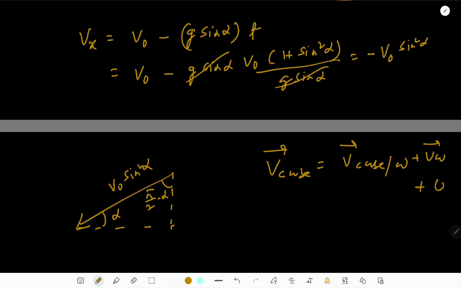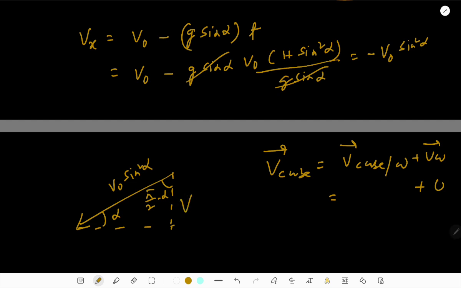Then the velocity of wedge is 0, and the velocity of cube is equal to the velocity of cube with respect to wedge, but I don't know the velocity of wedge. That means the velocity of cube at the moment is in the vertical direction.